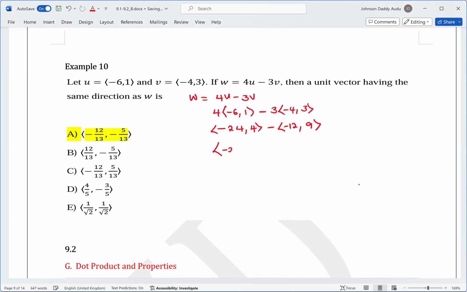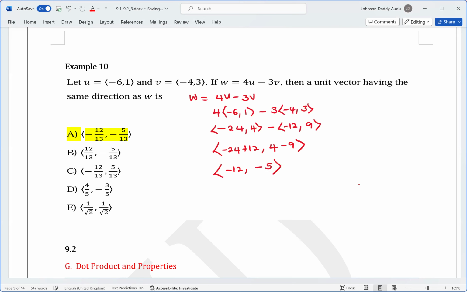And then you have minus 24 plus 12, and then you have 4 minus 9. Right, here becomes plus because you have minus minus. So this is nothing but minus 12 and what? And minus 5.